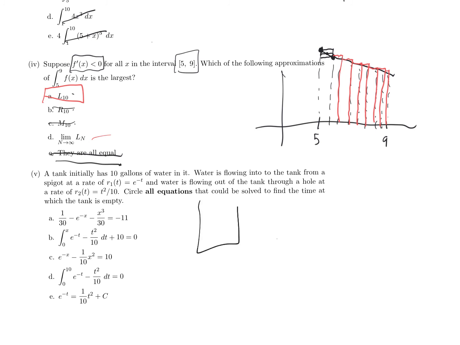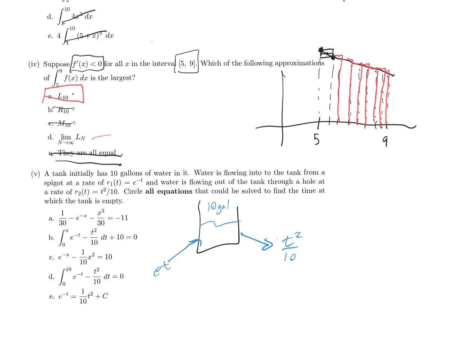Water's coming out at a rate of t squared over 10. That'll be like gallons per second, because it's a rate. Water's coming in at a rate of e to the negative t. There are initially 10 gallons of water.